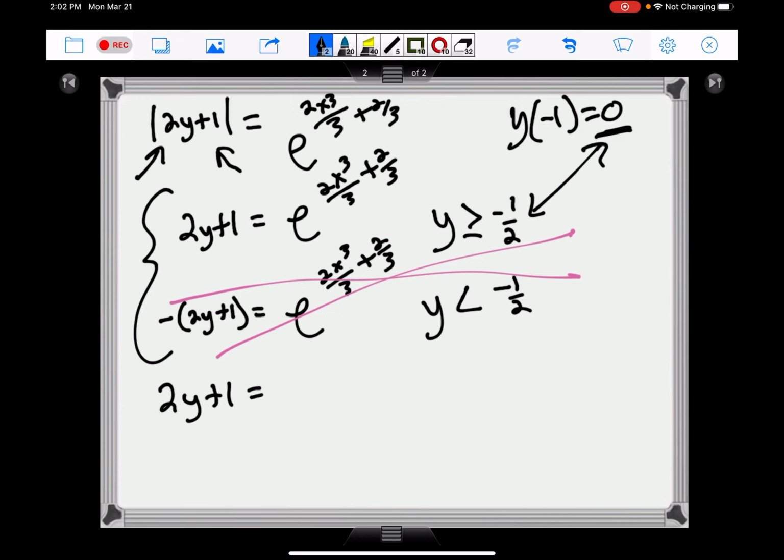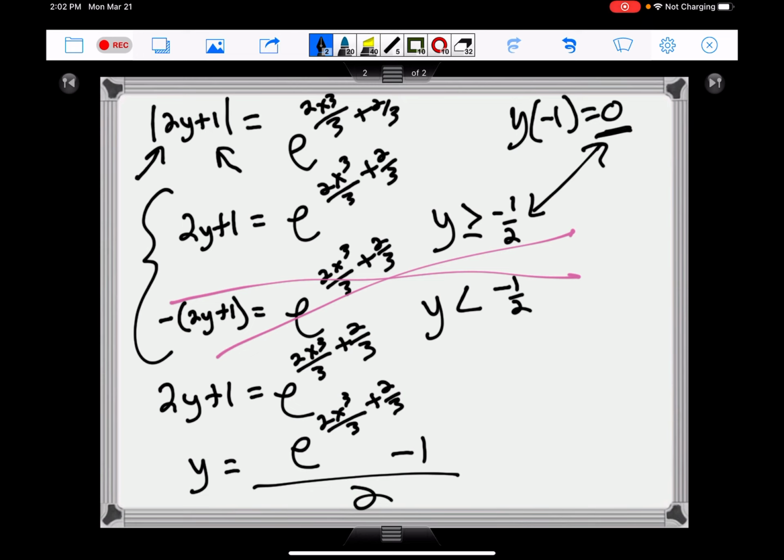Like that's the whole answer? Well, y is not alone yet. But now I can write the 2x cubed over 3 plus 2/3 minus 1 over 2.